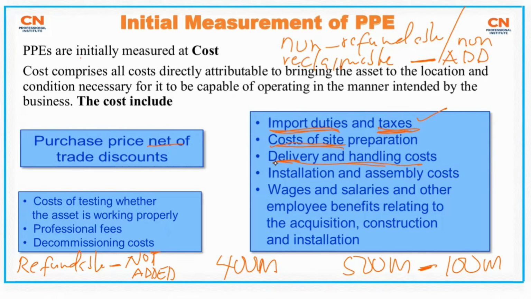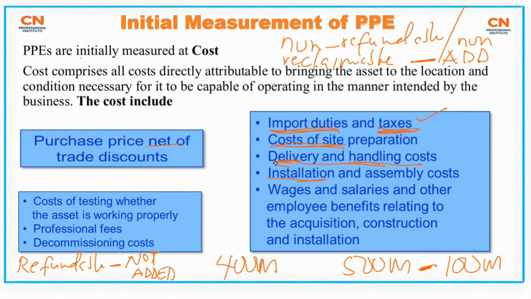You purchase an equipment from somewhere else, maybe in Accra, from Lagos, from wherever location, and therefore you have to transport it to the current location. It's like transport cost, delivery and handling, those that will carry it and put it down. They are costs. So delivery and handling cost is also added to the initial cost of the PPE.